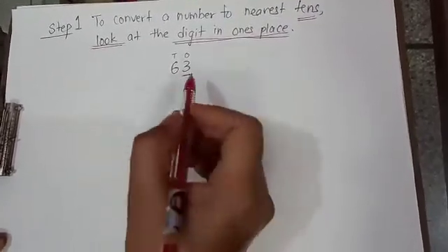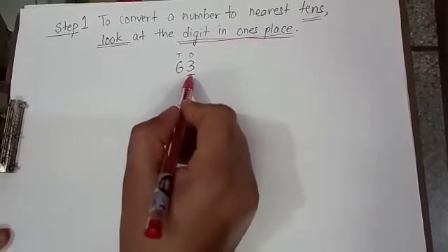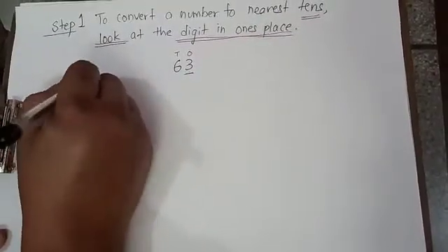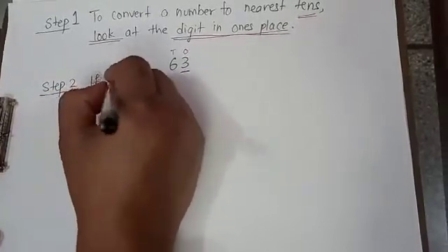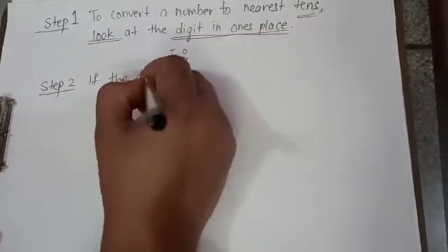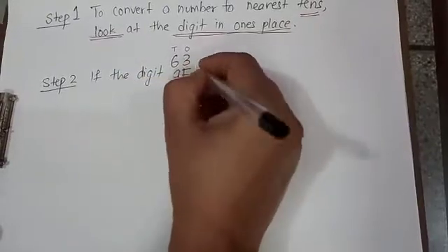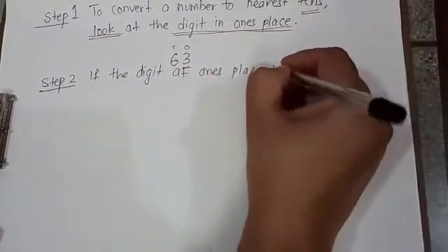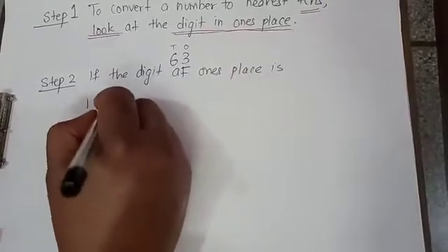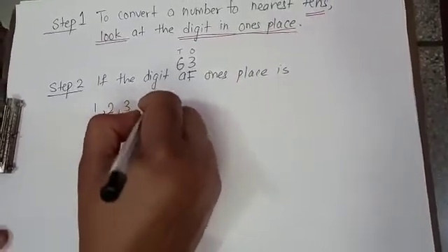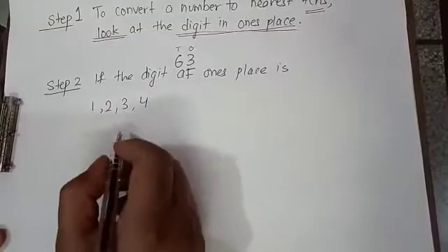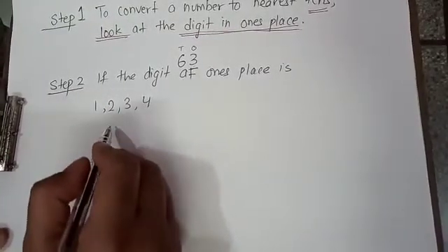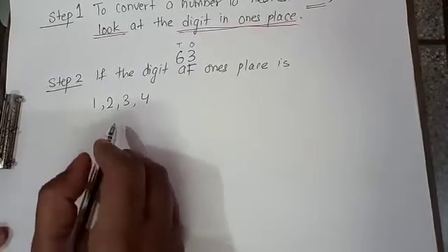Now let's note down step 2. If the digit at the ones place is 1 or 2 or 3 or 4, so what did we learn? That we are going to round down.